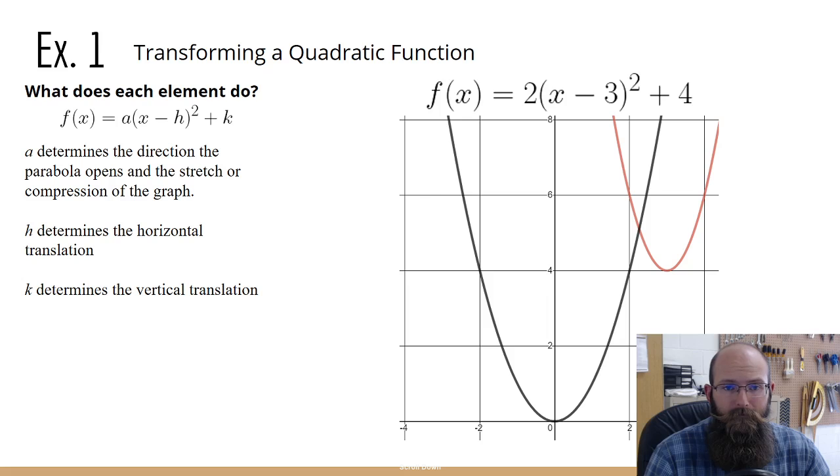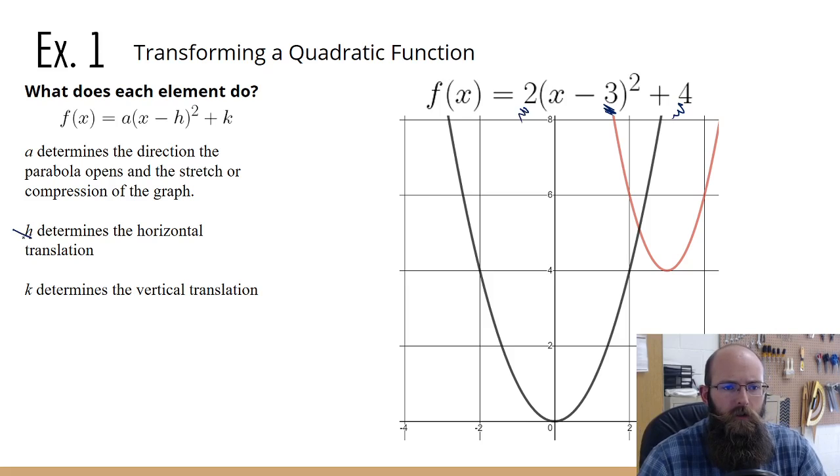Let's go in and start using it on some examples. Here we have example 1, transforming a quadratic function. I already have some stuff for you. The main darker one is the parent function. The red one is it shifted. You'll notice that some things were done. This 3 and this 4 and this 2 are what did all of these transformations.